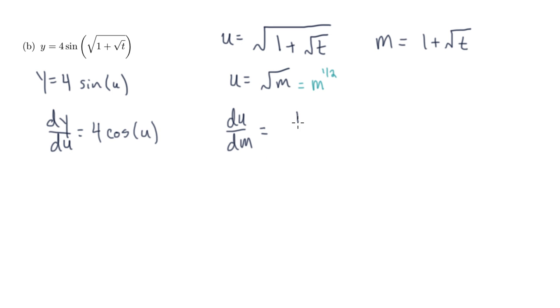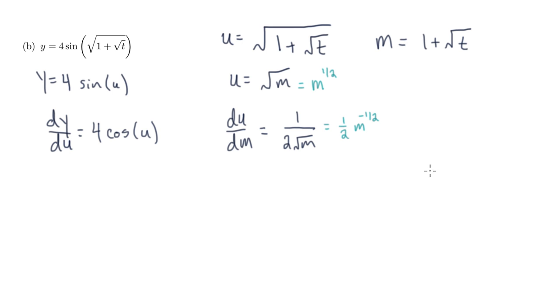But that's the same thing as 1 over 2 square root of m. So when I take the derivative of m to the 1/2, I get 1/2 m to the minus 1/2, but that's the same thing as 1 over 2 square root of m.